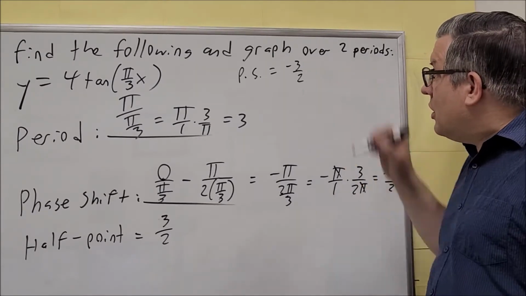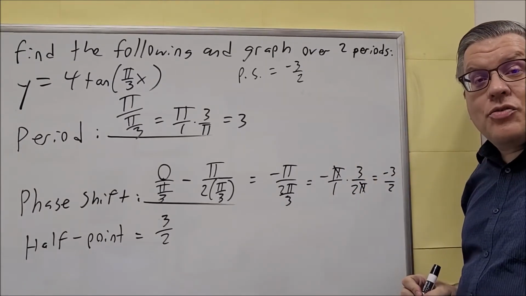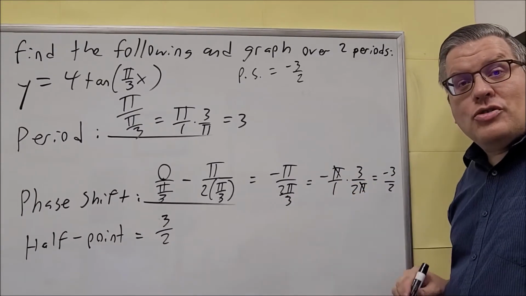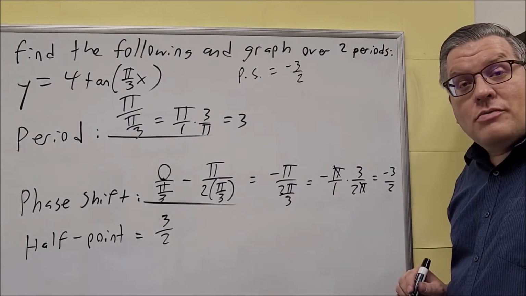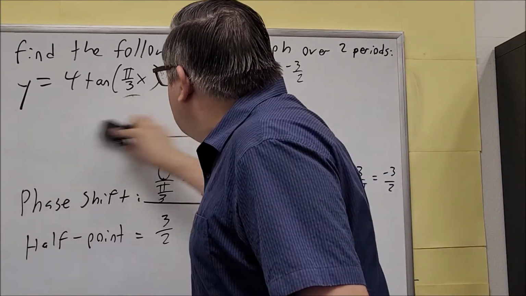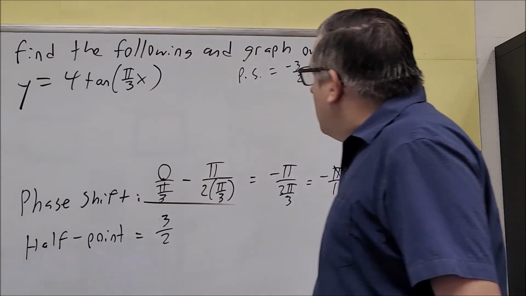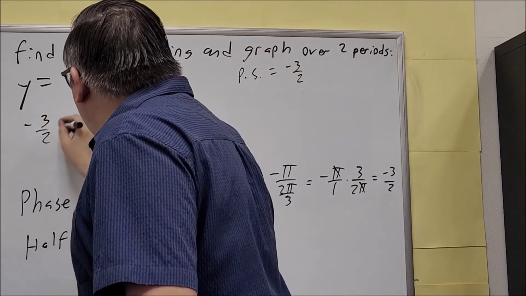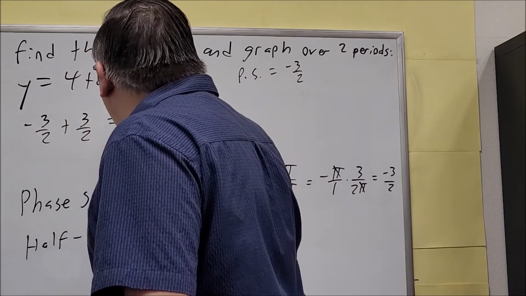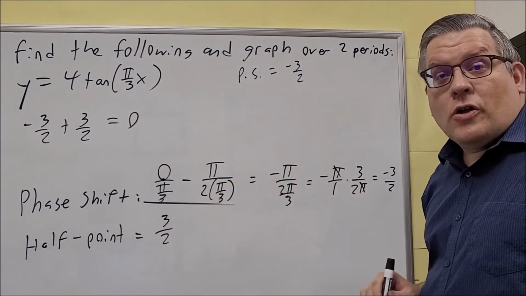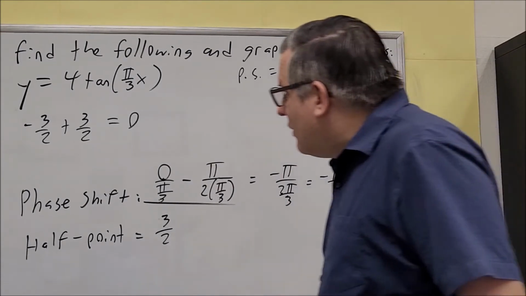We're going to start with the phase shift of negative 3/2, and then keep adding the half point to it until we find the other ones. The first key point is negative 3/2, but you're going to add the half point to it. So now our third key point is going to be 0.